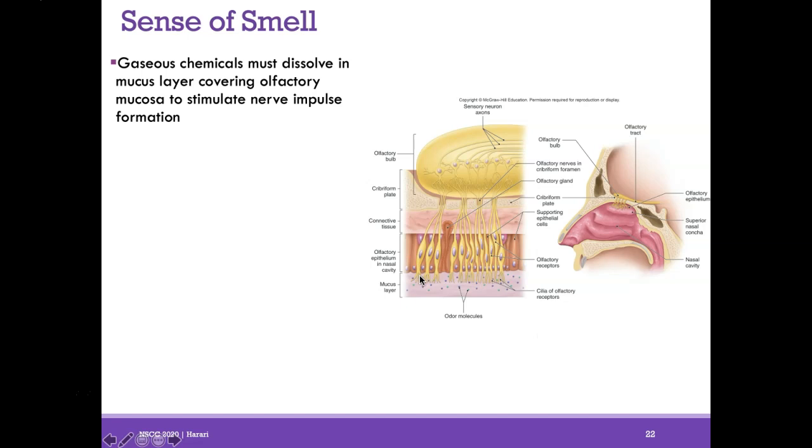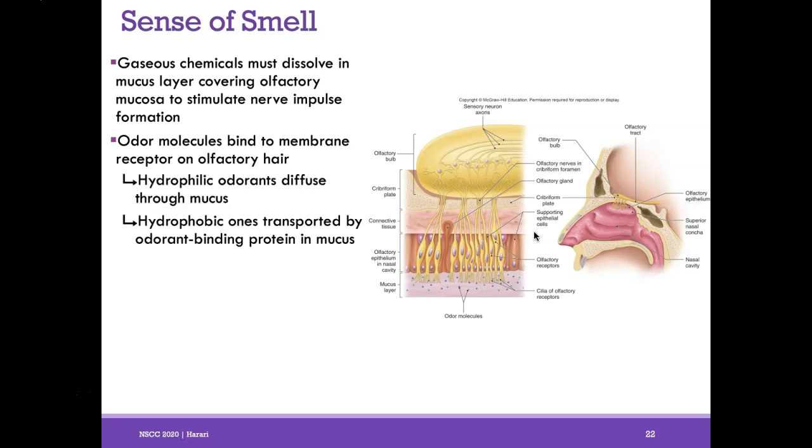So they dissolve in the mucus, and the odor molecules each have to find a specific receptor on an olfactory hair, on these little cilia. So each receptor is only responsible for binding to one specific smell molecule. Once that smell molecule finds its receptor on the olfactory hair, then it could send a message down the olfactory receptor.